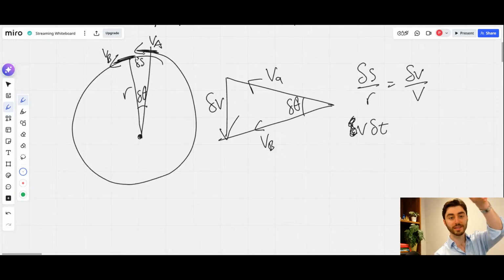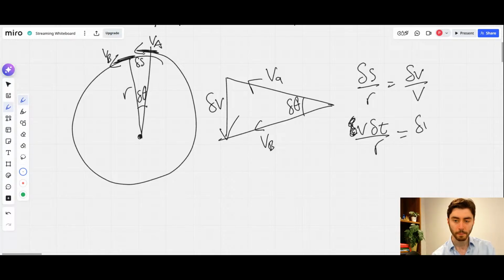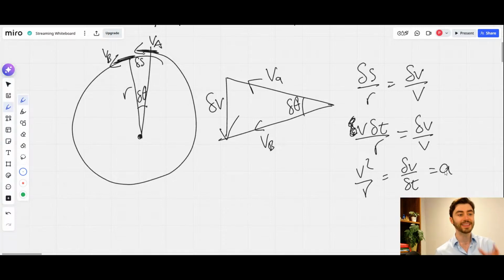That is how far the distance is moved along the circle. So if we sub that in and we rearrange, we get that v squared over r equals delta v over delta t, which is the acceleration. And that is the derivation of the centripetal acceleration for circular motion.